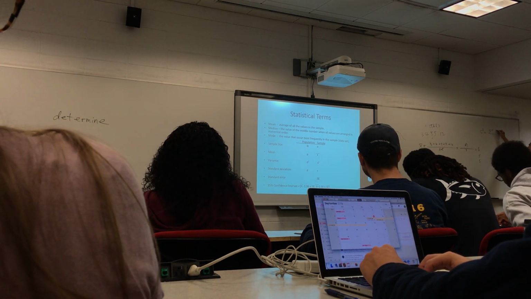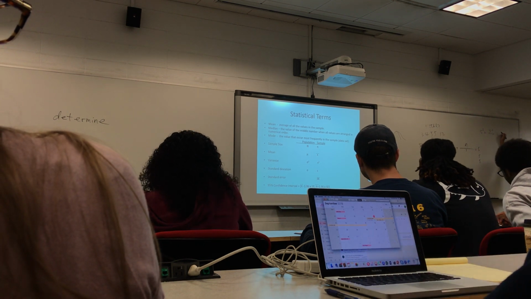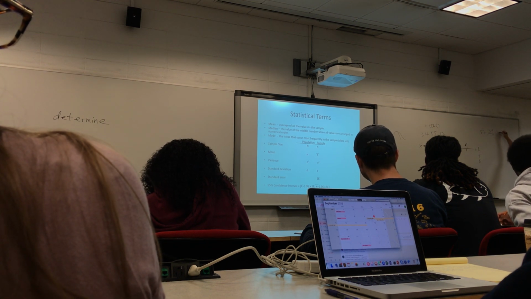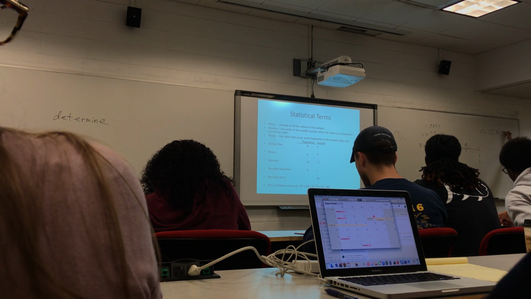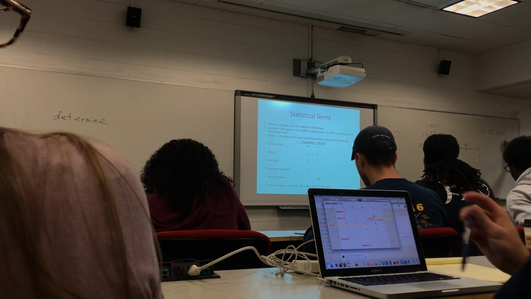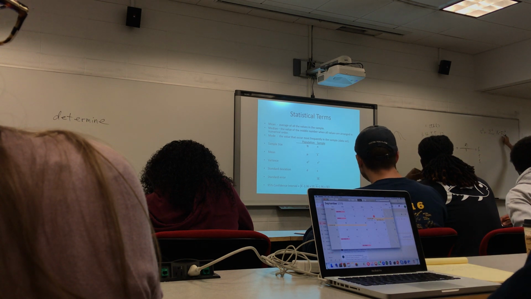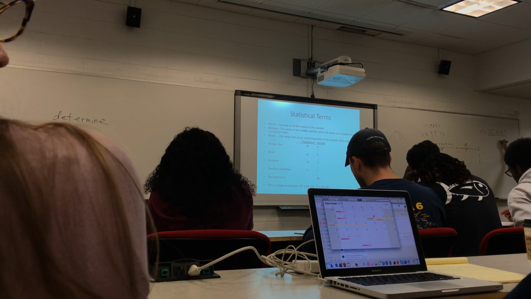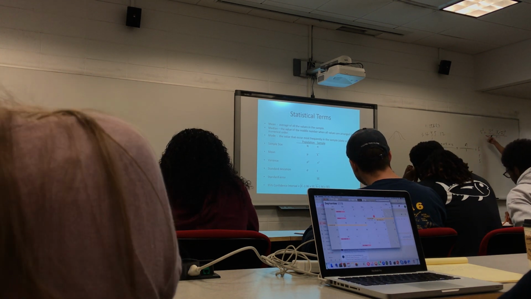And can anyone tell me, you guys learned on Wednesday, what should I write? (xi minus x bar) squared. So we have a deviance, right? And then deviance squared, then divided by n minus 1, okay? So that's our s squared.